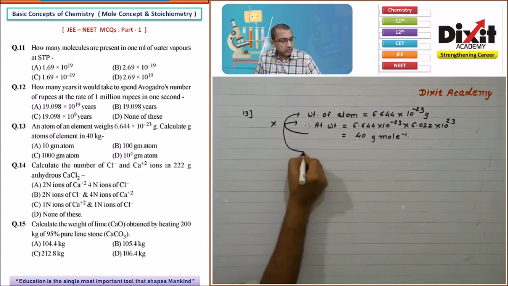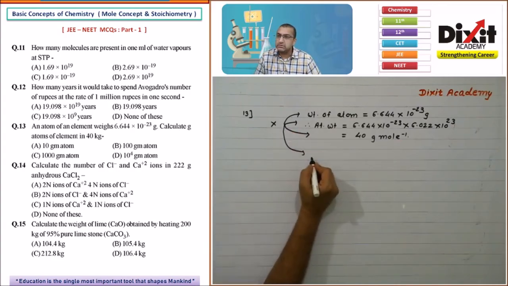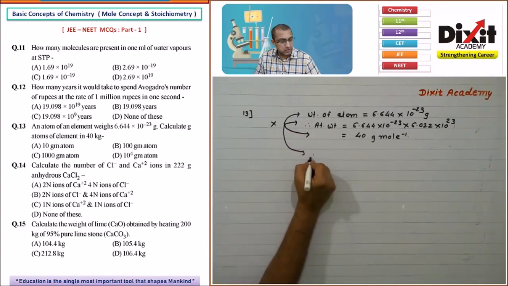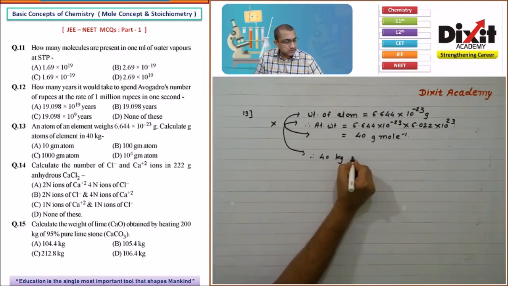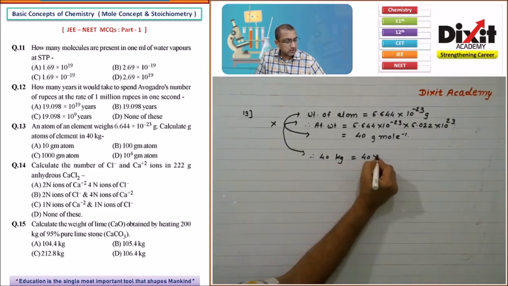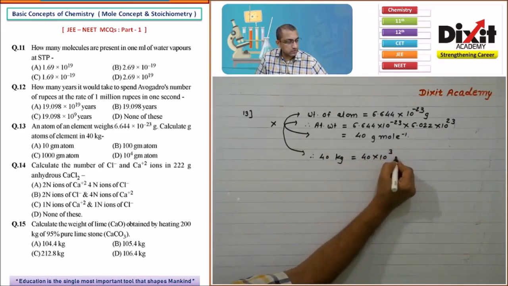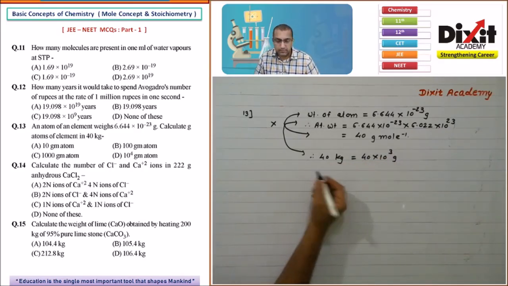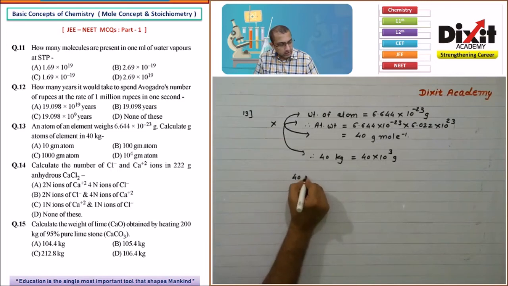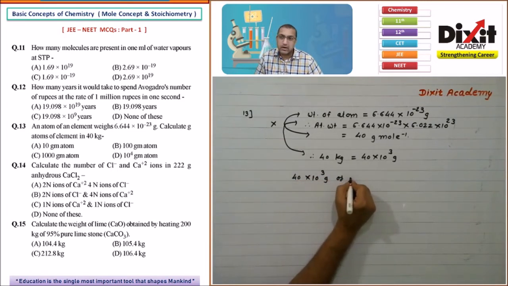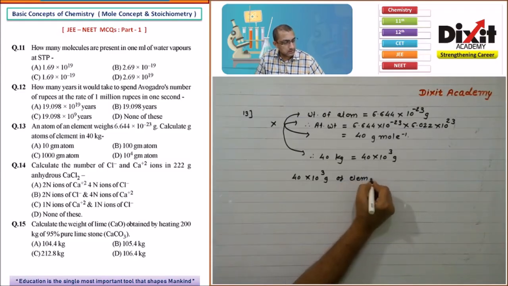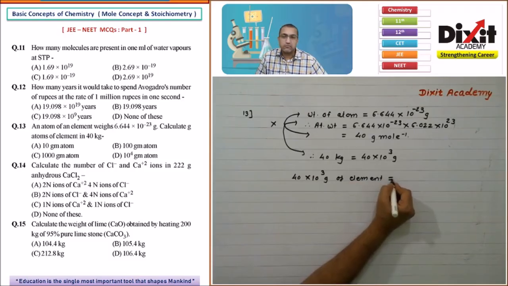Now we are going to calculate total number of atoms in 40 kg. So therefore 40 kg, that is 40 into 10 raised to 3 grams of element, will have how much?